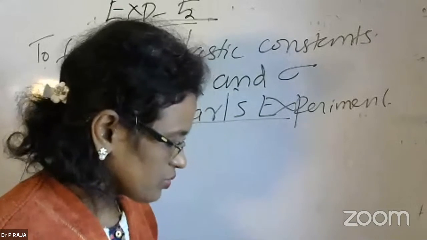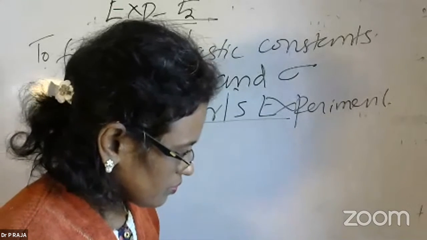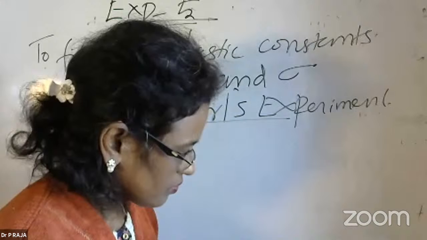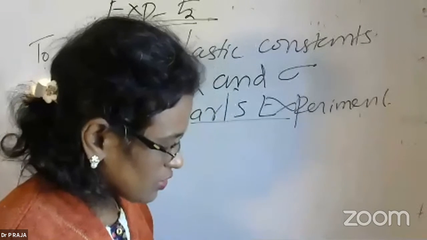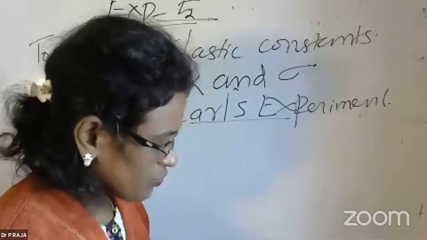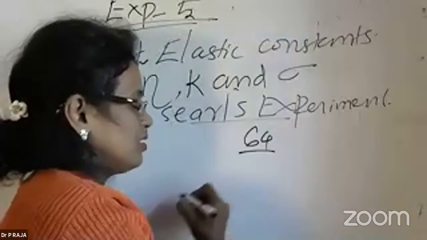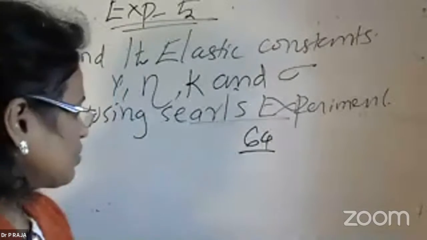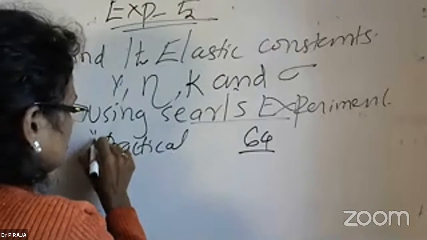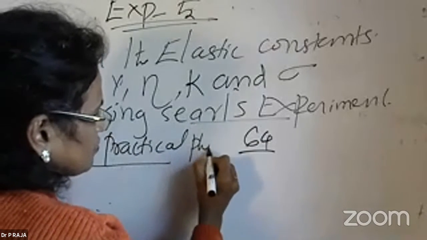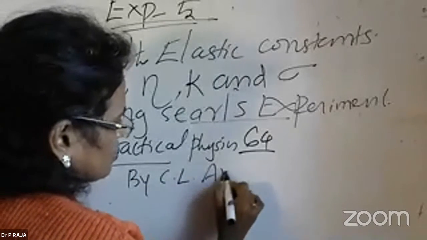One minute, let me search where it is. It is there in section 5.6 in page number 64 in C.L. Arora, okay. The book name is Practical Physics by C.L. Arora.